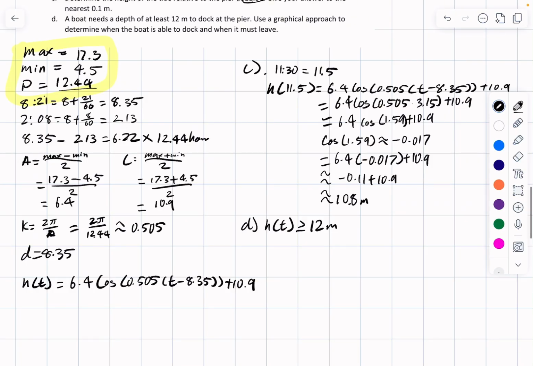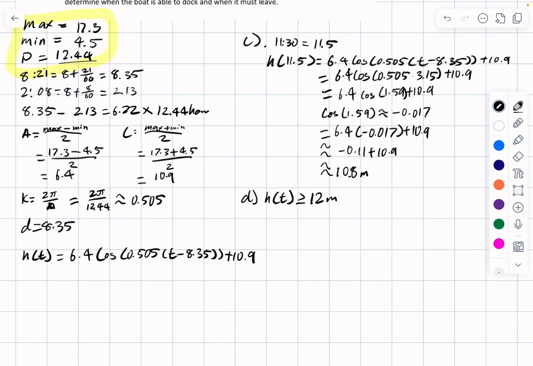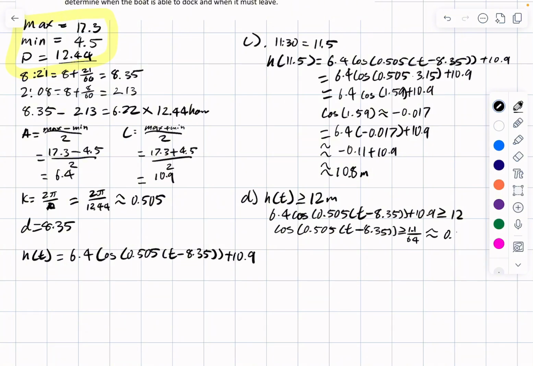I first try to plug this into my equation: 6.4 cosine is bigger or equal to 12 minus 10.9, which is 1.1, so 1.1 over 6.4, which is around 0.172.